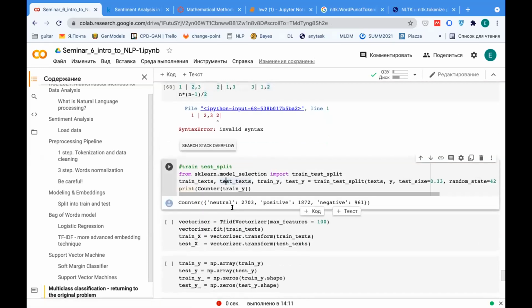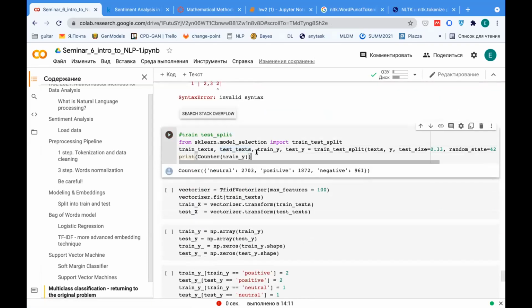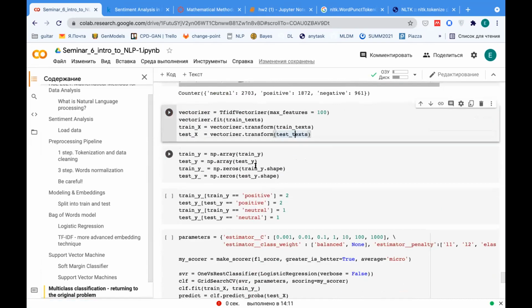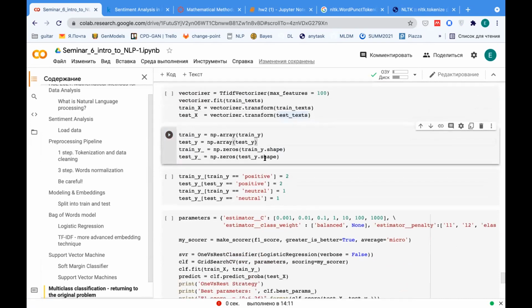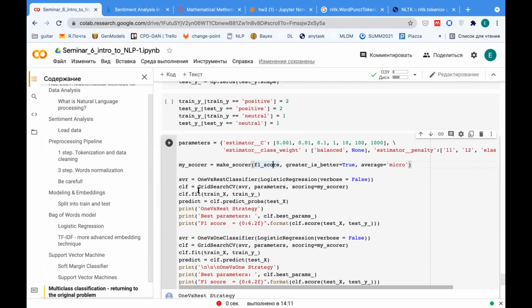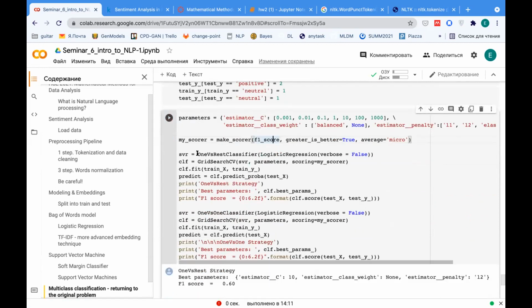So if we again split our training and test sets, but now for 3 classes, and use again our TF-IDF vectorizer, we can use our 2 new classifiers. At first one with rest, and then one with one.